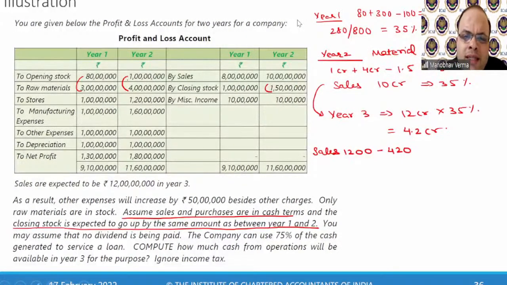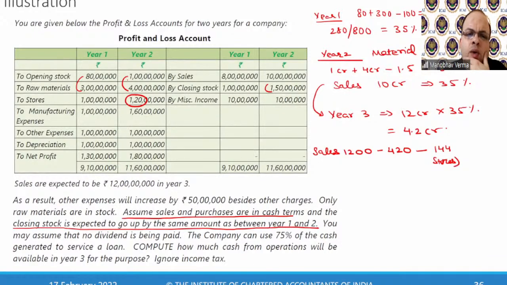So probably we can see that the same jump can be there with respect to the stores as well. So what was the jump in terms of sales, guys? We are preparing a budget, right? So we are seeing a 20% jump in the sales. So if my stores were 120, that means the stores for the 3rd year would be 120 plus 20%. That looks to be 144. So this is my stores.